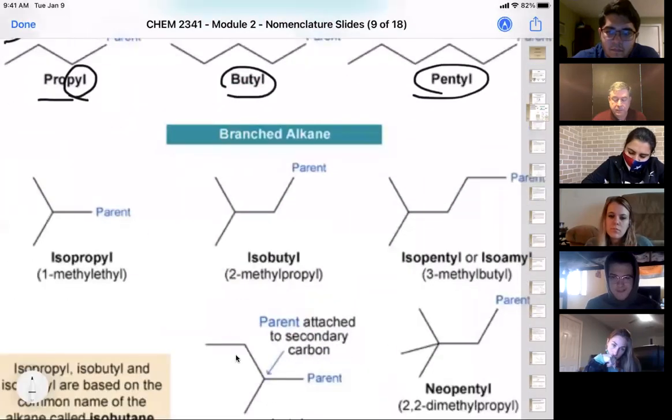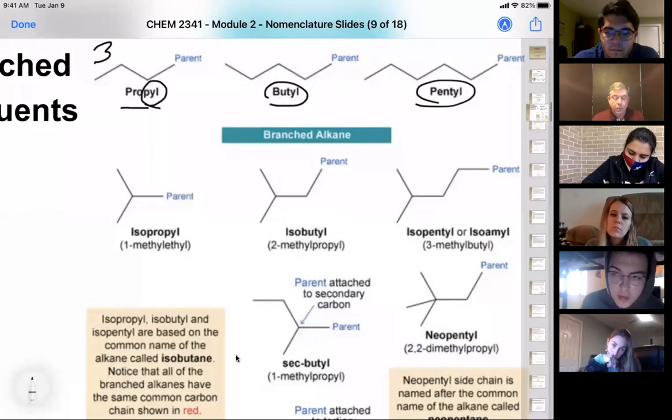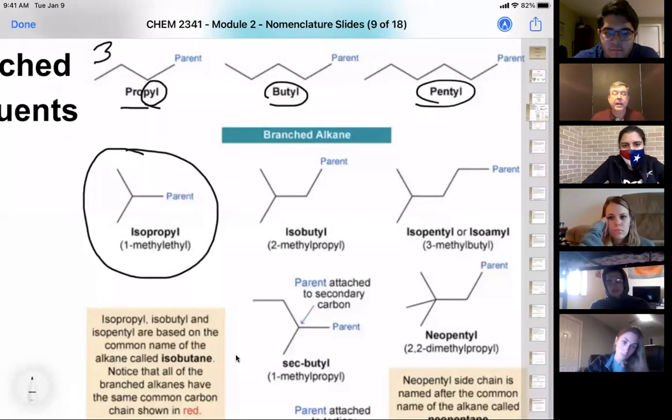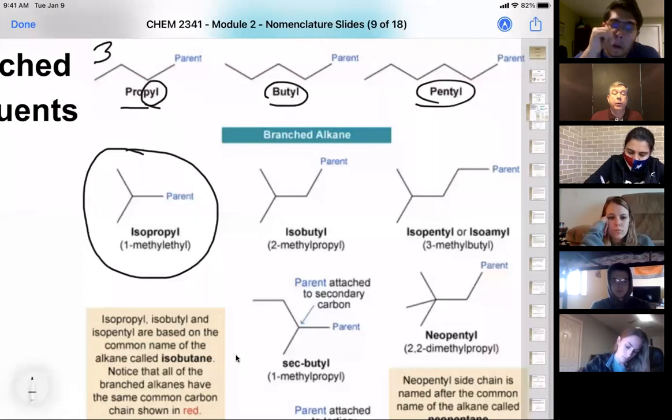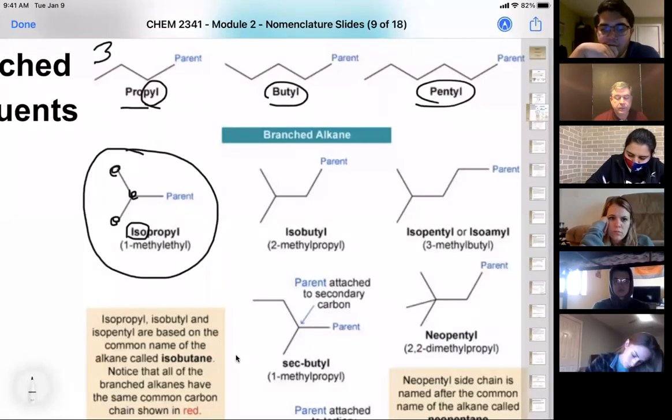Let's pull up the first of these. The shortest chain we can have branched is a compound known as isopropyl. It's an isomer of propyl because we have 3 carbons, but it's not a straight chain. Notice that it's attached at that center carbon. That differentiates propyl from isopropyl.